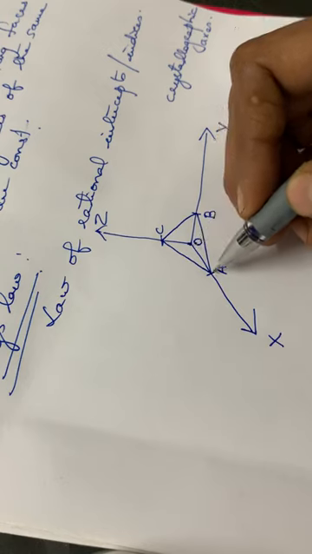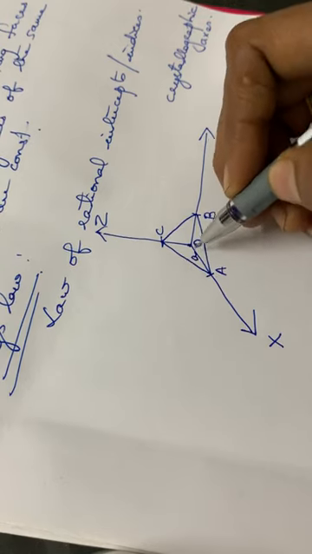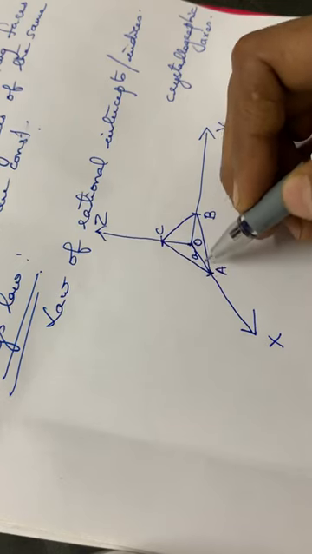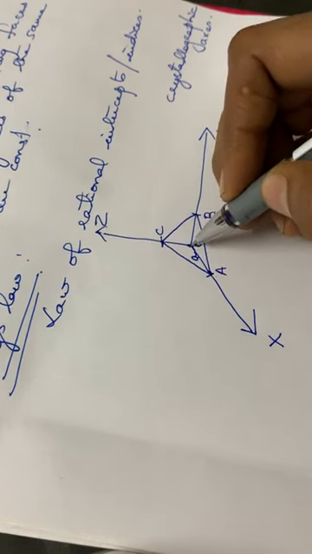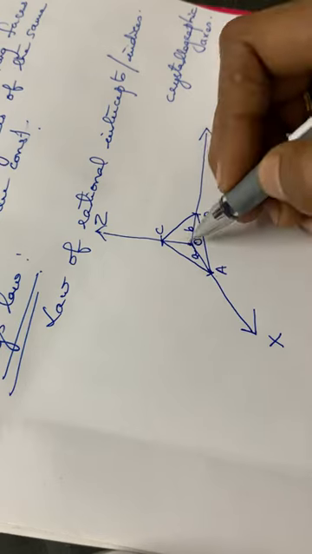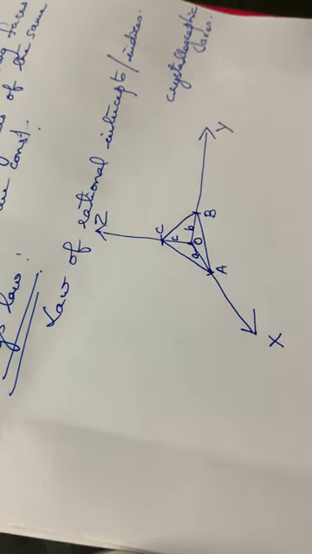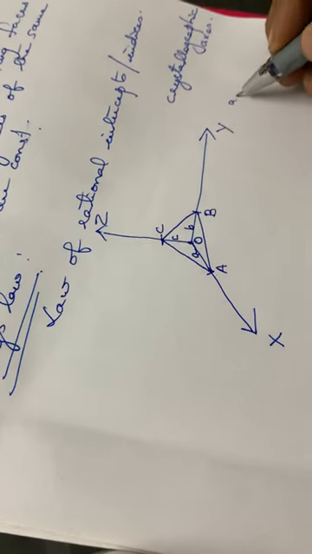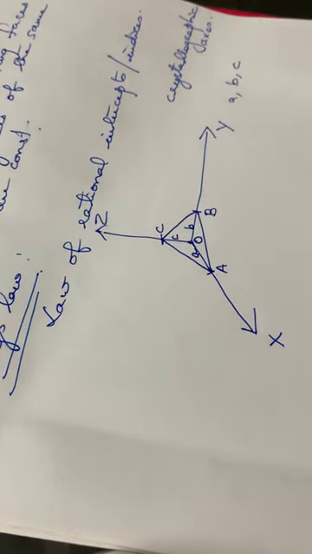Let OA be the edge length of this particular unit cell, let it be a, let OB be small b, and let OC be small c. So we got three edge lengths, a, b and c, for that particular unit cell.